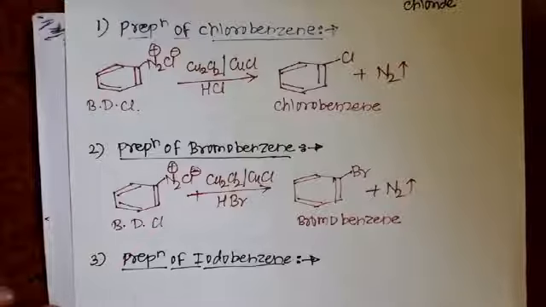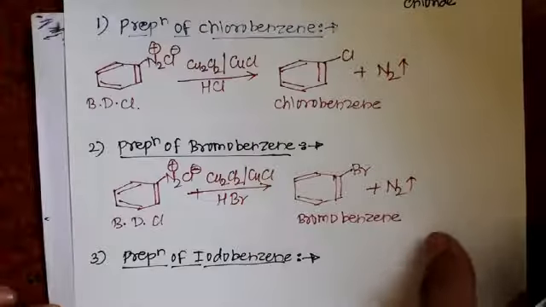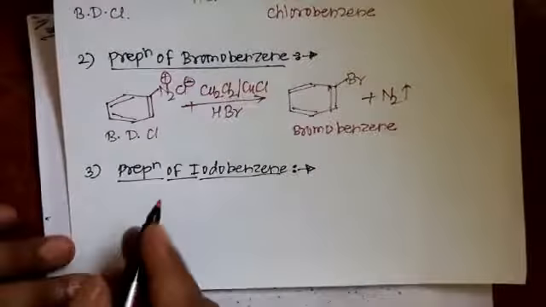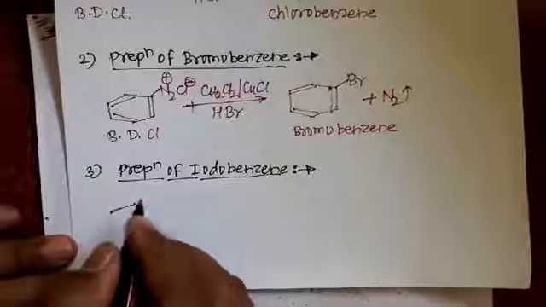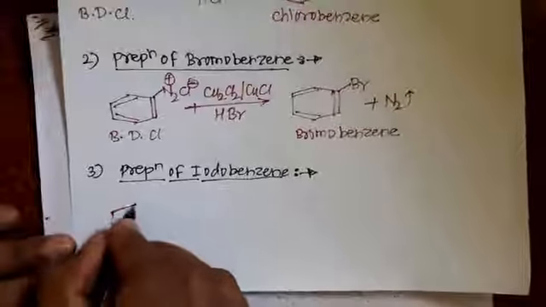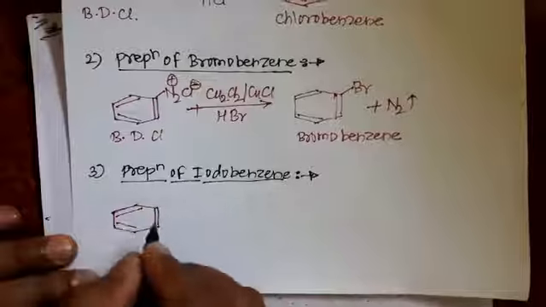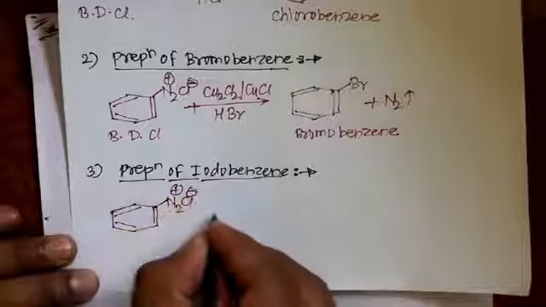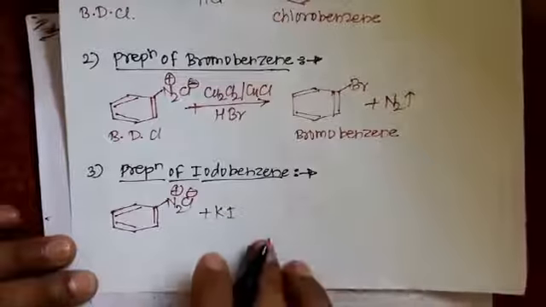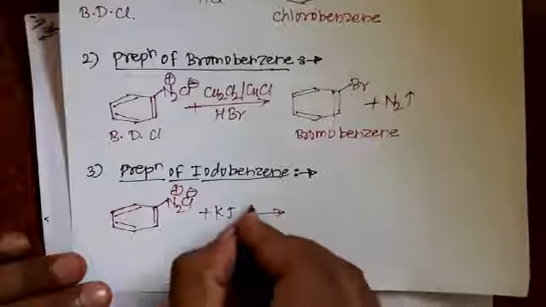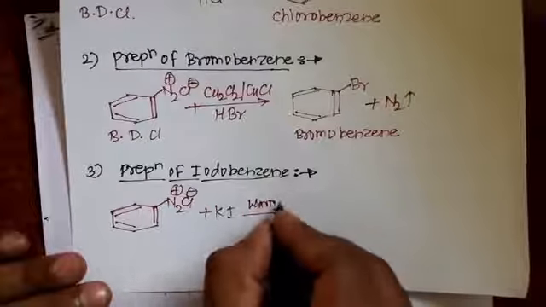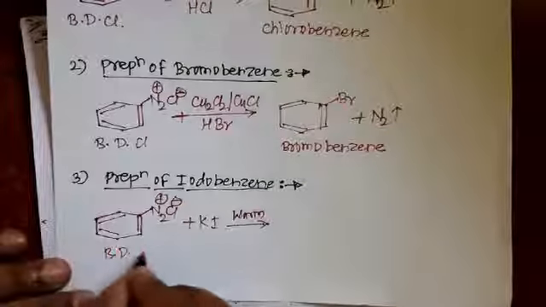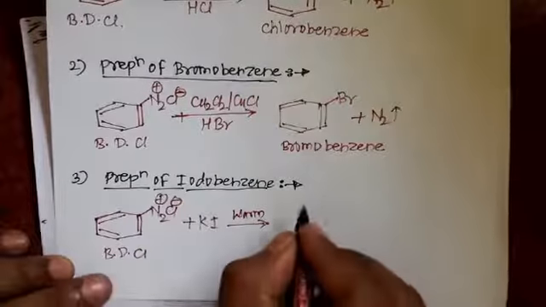Here simply this benzene diazonium chloride, when treated with KI, and just warm conditions are required, then it gives, as usual, iodobenzene.